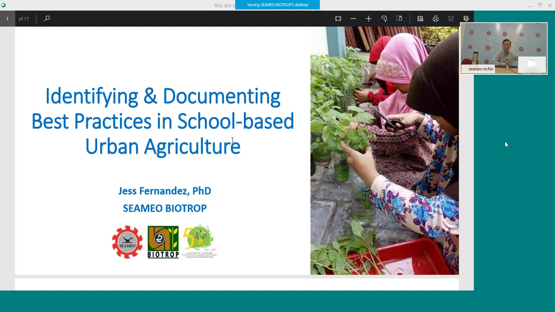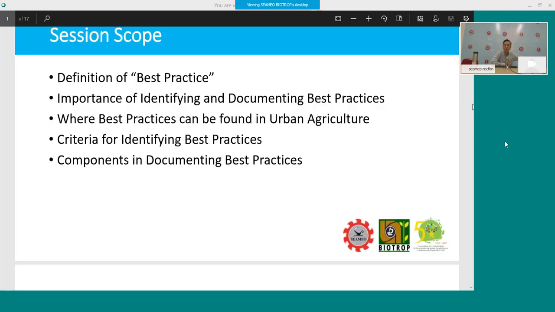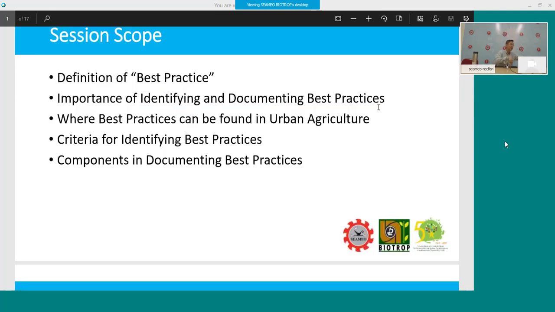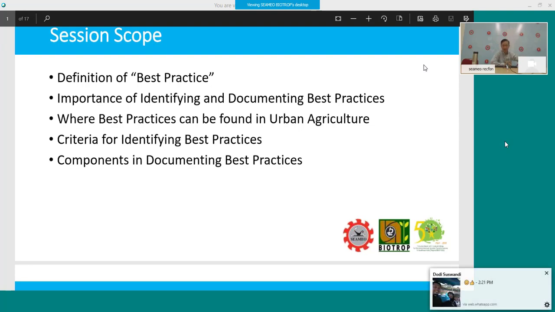So let's begin with a presentation. I would like to request our friend from Biotrap to help me move on the slides. Next slide, please. So for this session, I would like to define what is the best practice and why it is important to identify and document those best practices that we are having in our urban agriculture activities.